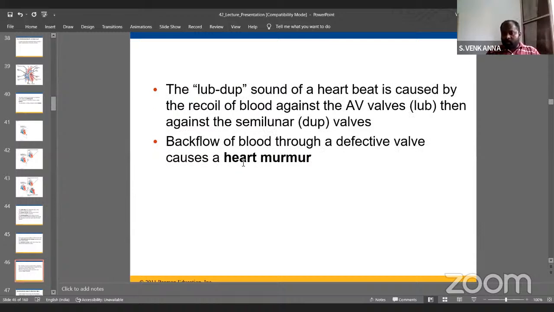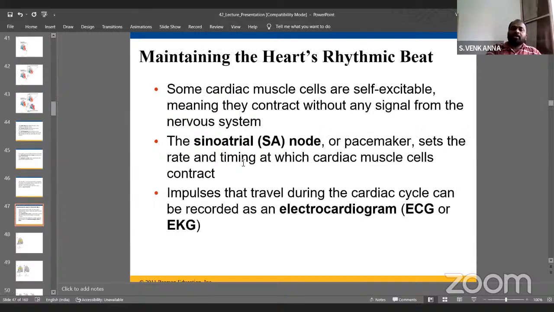The "lub-dup" sound of the heartbeat is caused by the recoil of blood against the AV valves, lub, and against the semilunar valves, dup. Backflow of blood through defective valves causes a heart murmur.